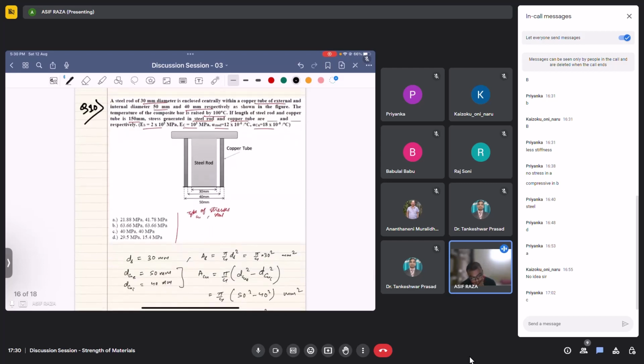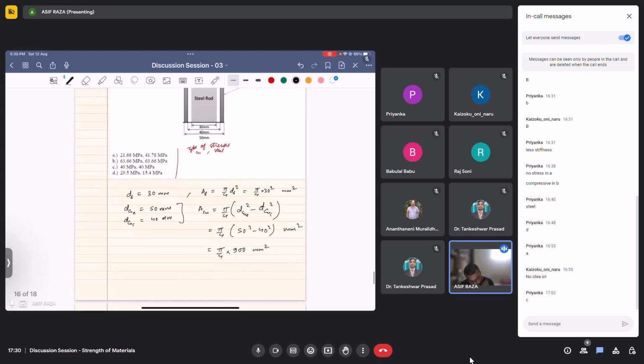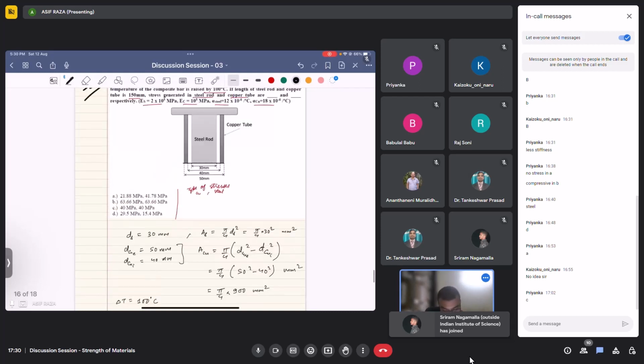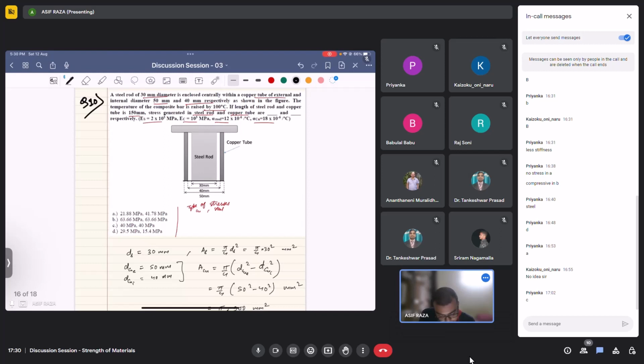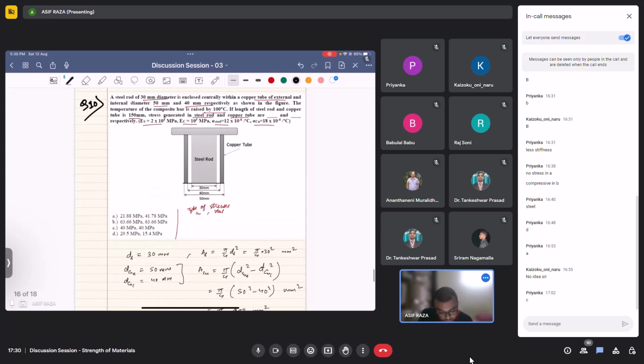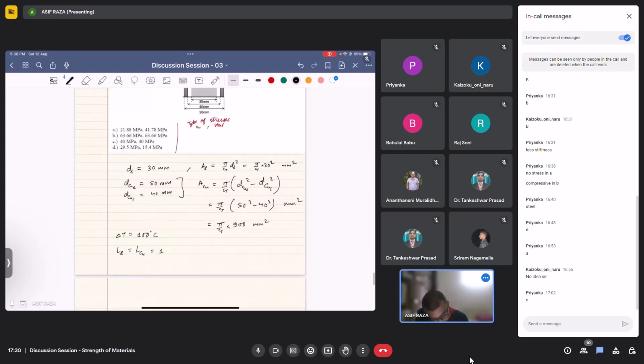Next thing is, the temperature raised in the system, delta T, is 100 degrees Celsius. The length of the steel rod and the length of copper is given as 150 mm.